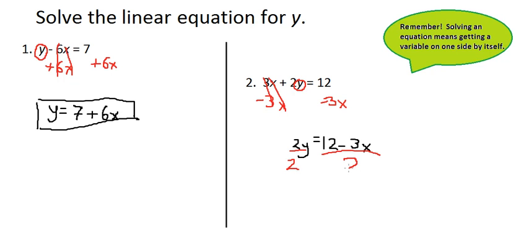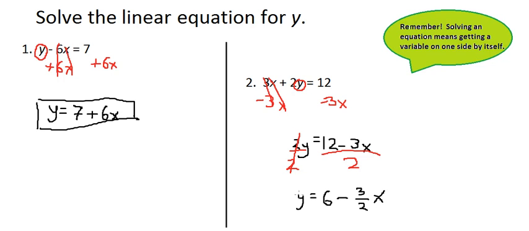You know that you divide by 2 and not by y because that's what's going to get you y by itself. Like usual, we're going to have something cancel out. So those 2's are going to cancel out, and on the left side, we're just going to have y left by itself, equals 12 divided by 2, which is 6. And then 3 divided by 2, we can change that to 1.5 if you want to, but I'm lazy, so I like to just write improper fractions, so I'm just going to say 3 halves x.